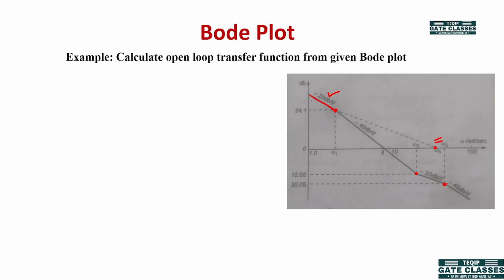So as the initial slope of this line is minus 20 dB per decade, this has a single pole at origin. Okay, and its constant gain is K equal to omega 4.